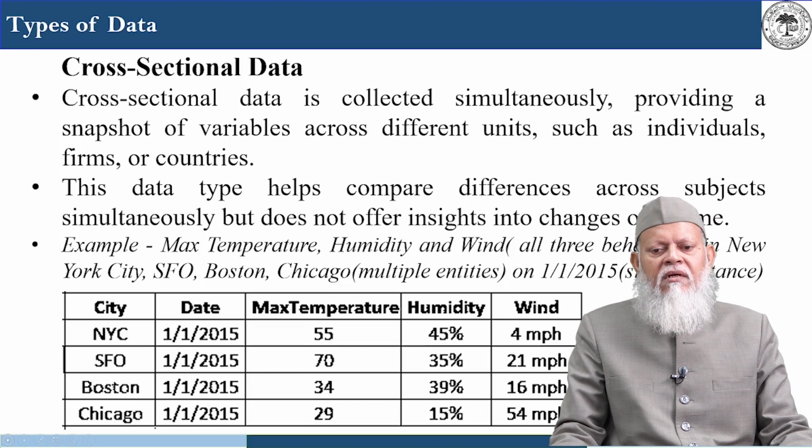And then the humidity, wind, or maximum temperature is given. So, this is the cross-sectional data.